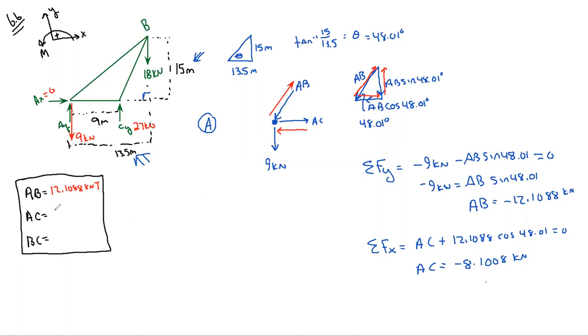AC, I have now going into the point, which would be a reaction to the member being in compression. 8.1008 kilonewtons compression. I'm going to pause the video right now so I can get the board set up for finding our last member, the internal force of BC.